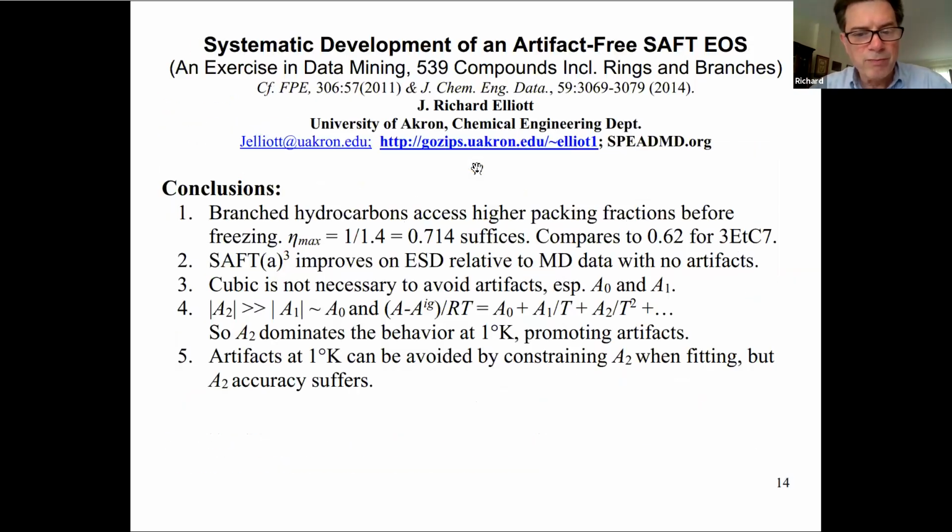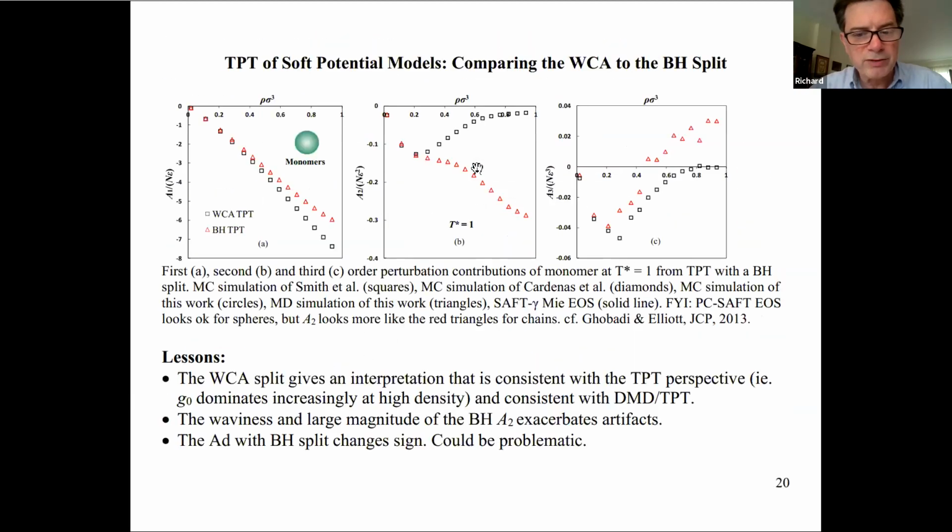And let me just sort of, I touched on this, but I'll come back to it. Yeah, right here. So you remember how I told you that the A2 term should have its maximum magnitude at the critical density. Now this is rho sigma instead of packing fraction. Rho sigma is about double packing fraction.